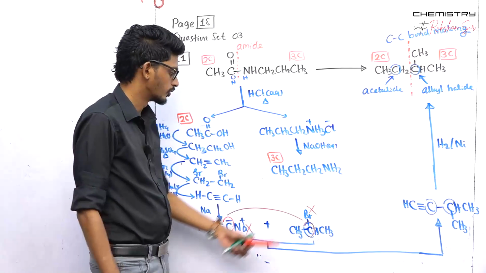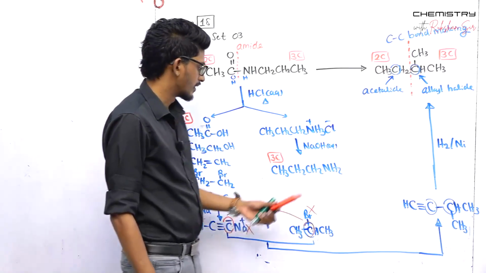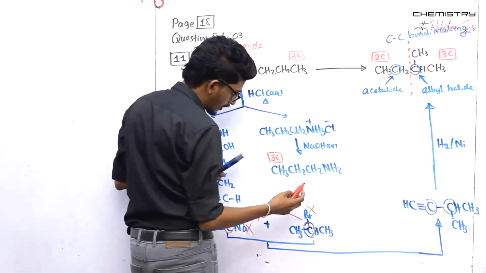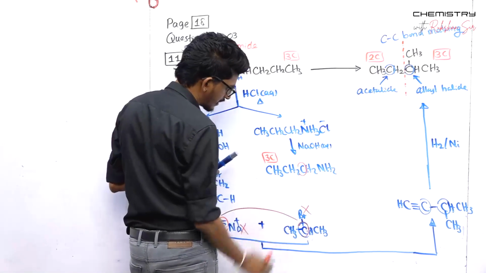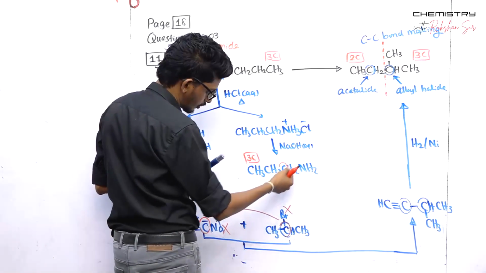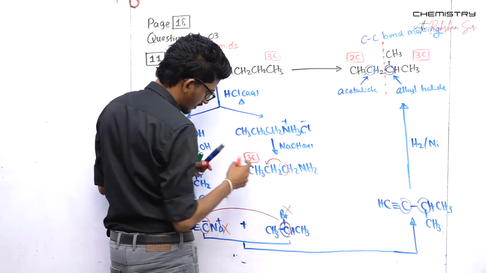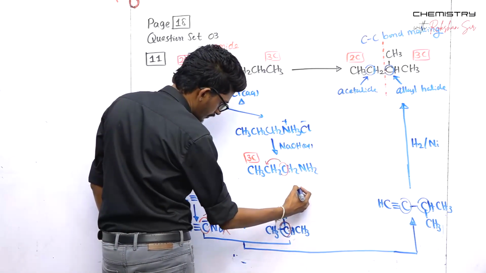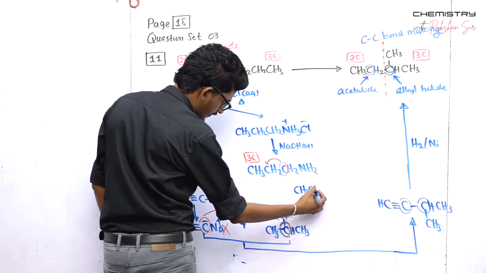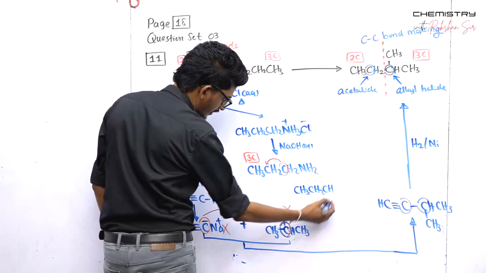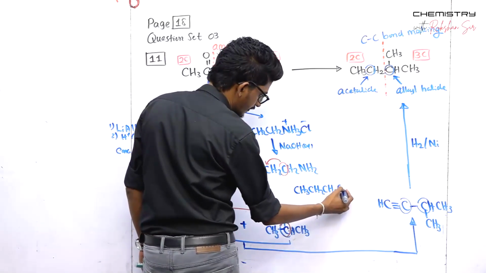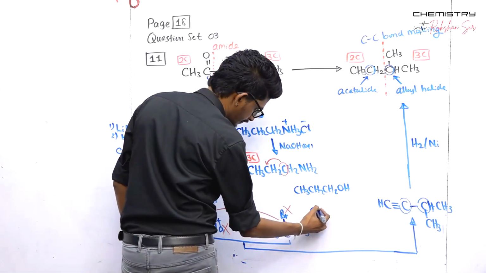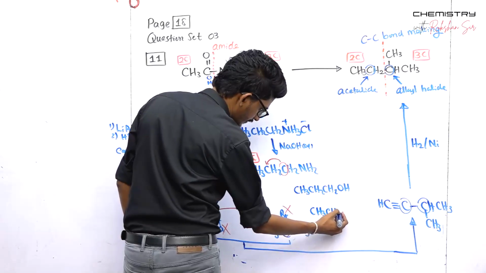So let's try to convert this one to this alkyl halide. Here you have the corner carbon as the functional carbon. So you have to bring that to here, so the H2O/HBr technique should be followed. First of all, you can convert this one to the OH, and that OH can be converted to a double bond.